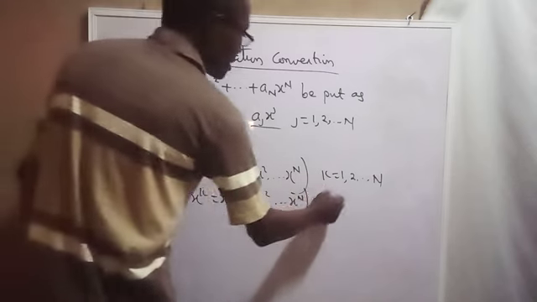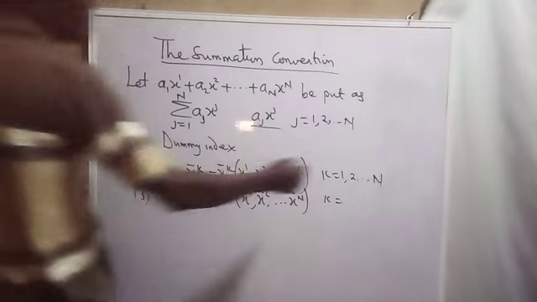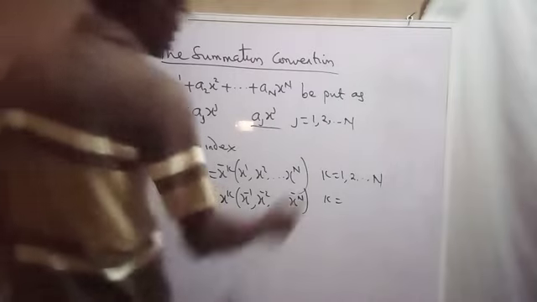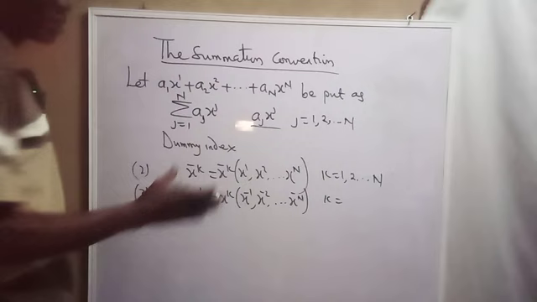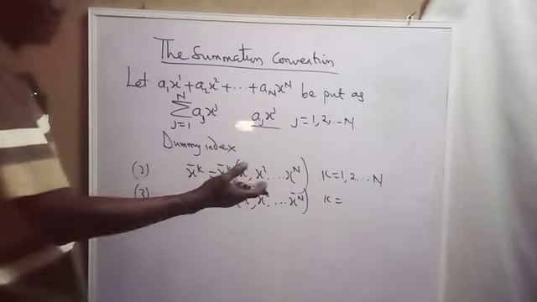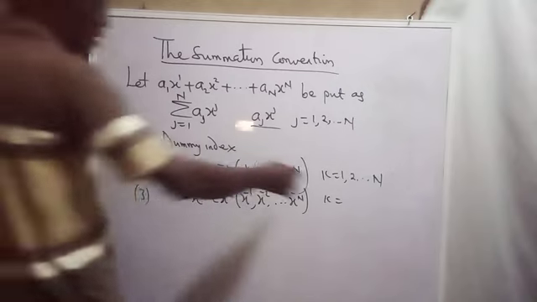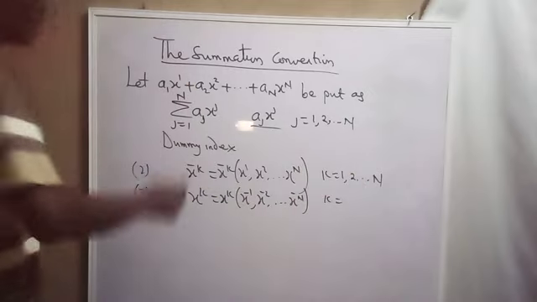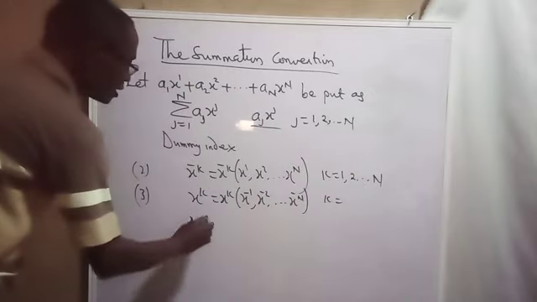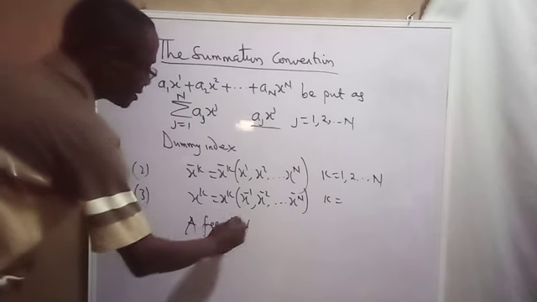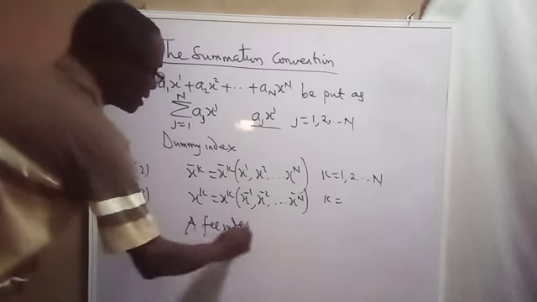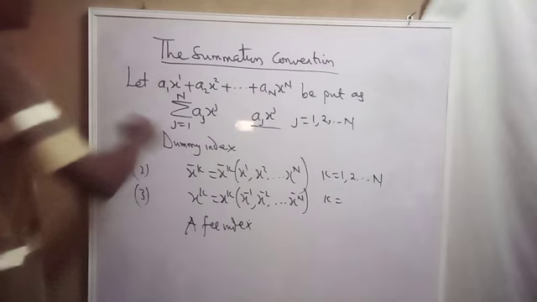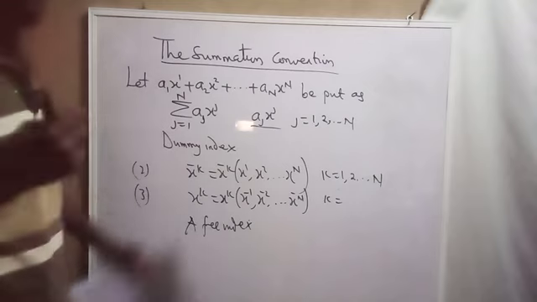The k is the same there. So this k here is called a free index, because it appears only once and is not repeated. It is not governed by the summation convention.